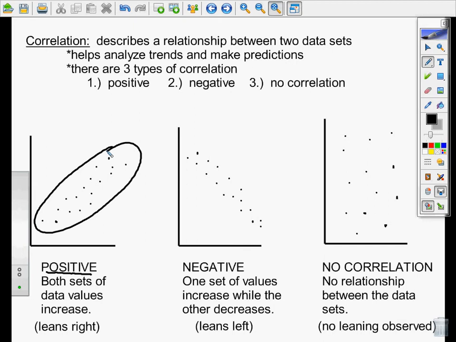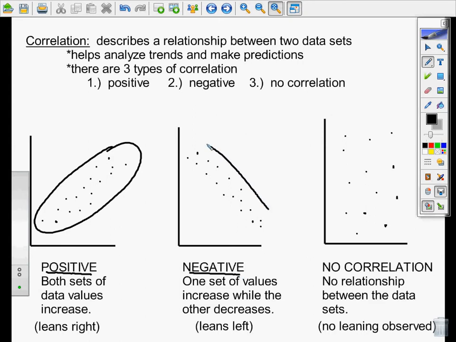Now, if we weren't looking at a graph and both sets of values, as you increase on the x, the y also increases, then that's what we consider a positive correlation as well.